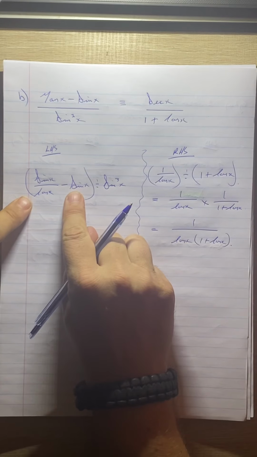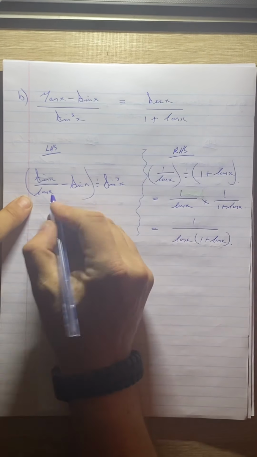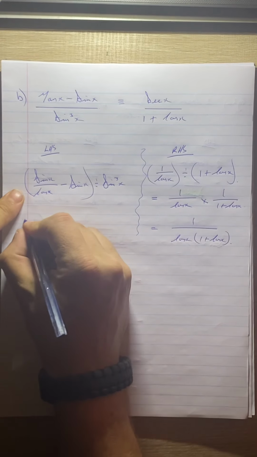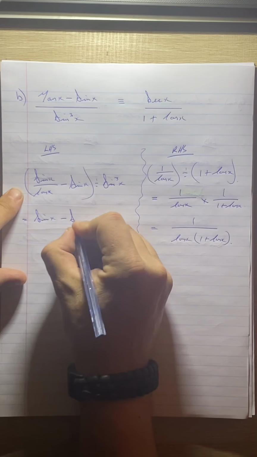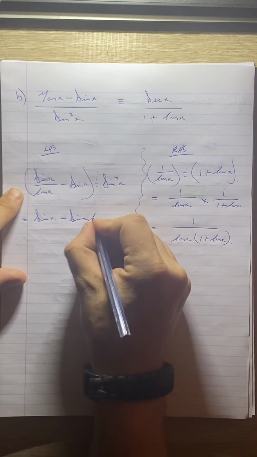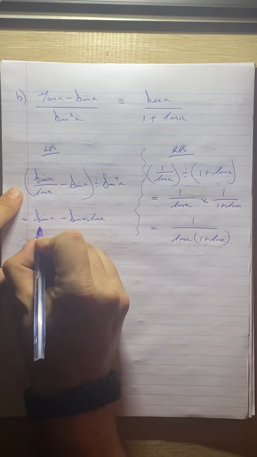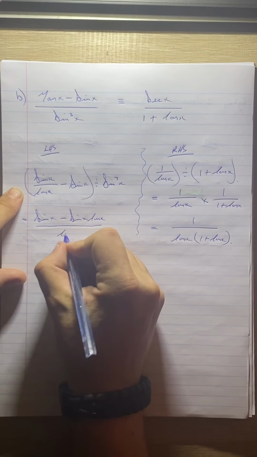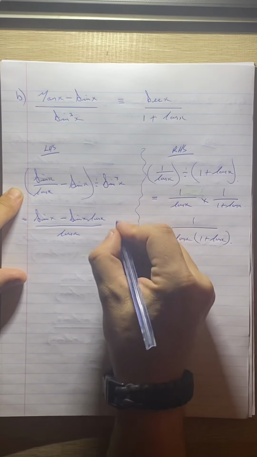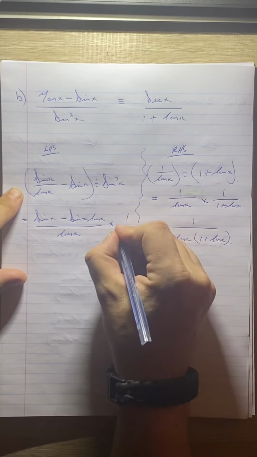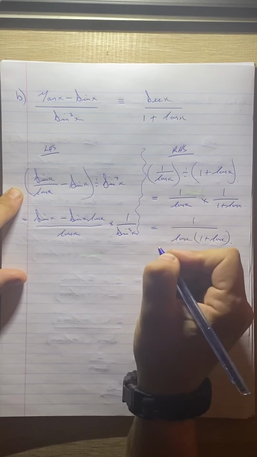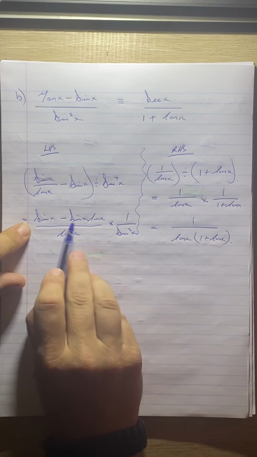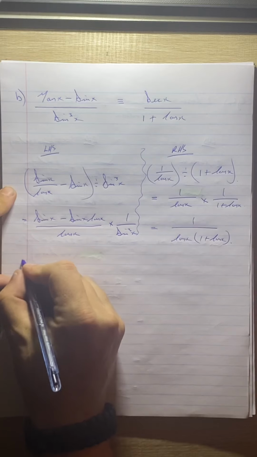Find an LCD over here, which would be cos x. So this would become sine x minus sine x cos x all over cos x. Tip and times this, so times 1 over sine cubed x. Okay, over here I'm going to take out a common factor of sine x.